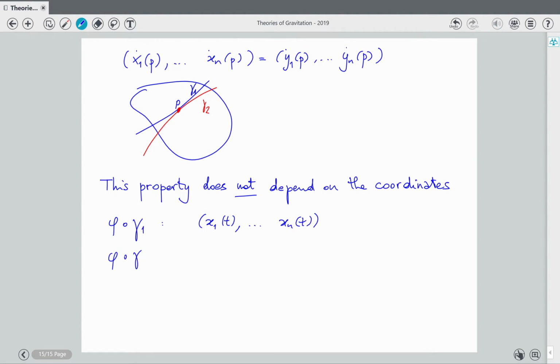Phi composed with gamma 2 is the second curve, but in the first coordinate system. And we know that they are tangent in the first coordinate system, using u coordinates.